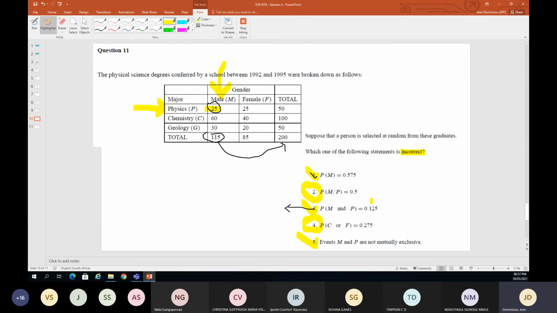So which one will be the easiest to calculate? Probably let's go with option 2 first.